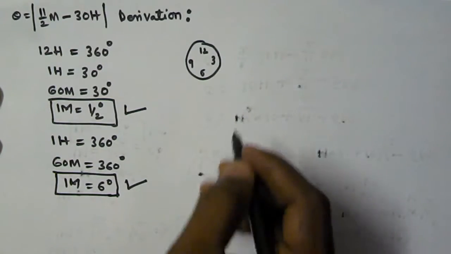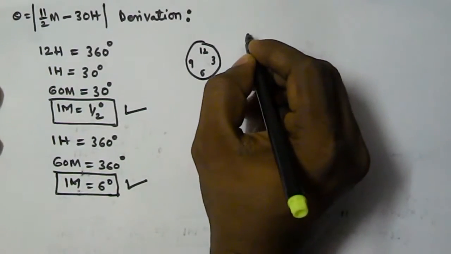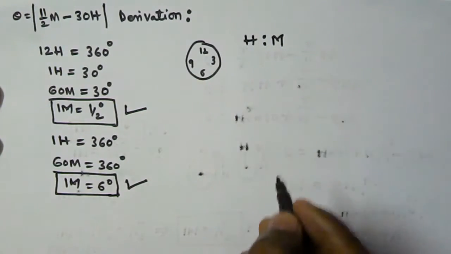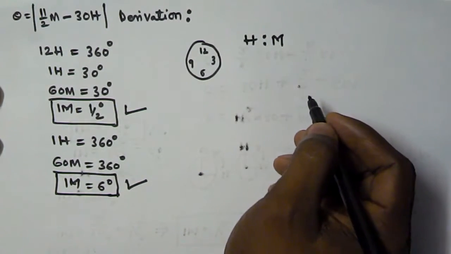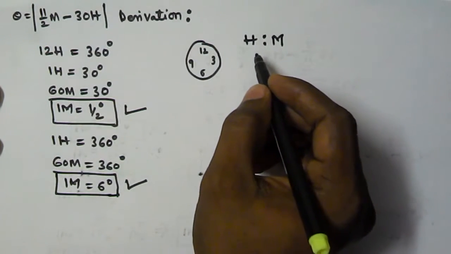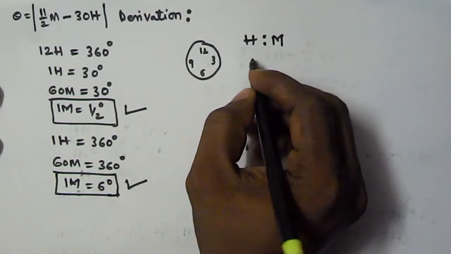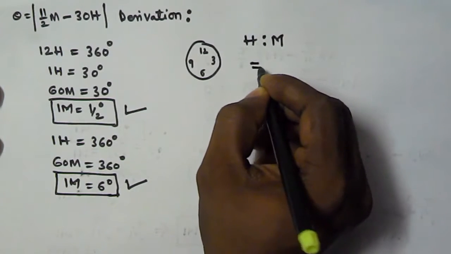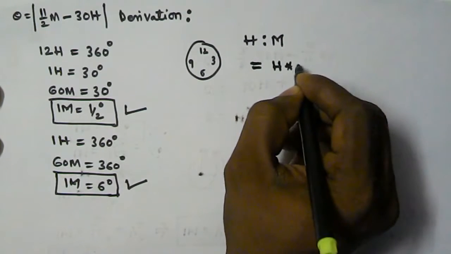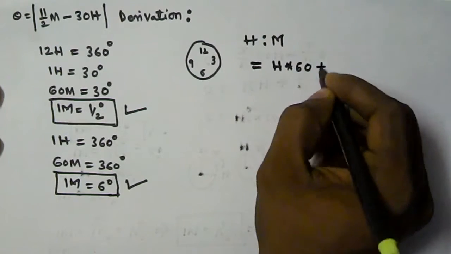Now let's find the angle between the two hands. Let us assume the current time is h hours m minutes. Now let us find how many minutes are traveled by the hour hand in h hours m minutes. We convert h hours into minutes, that is h into 60, because each hour contains 60 minutes, plus the given minutes m.